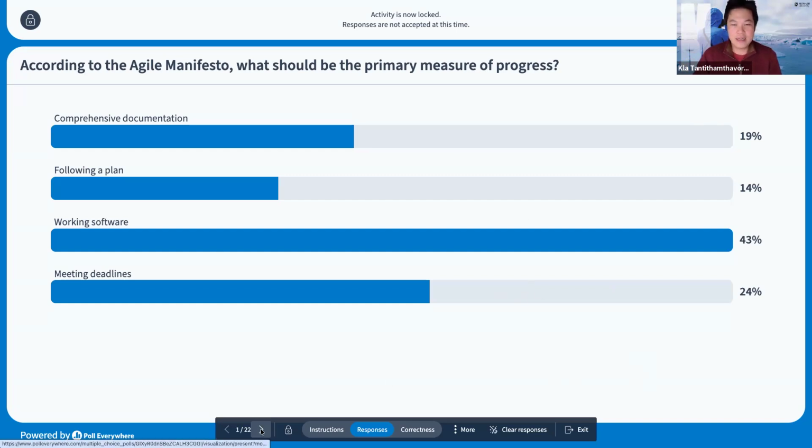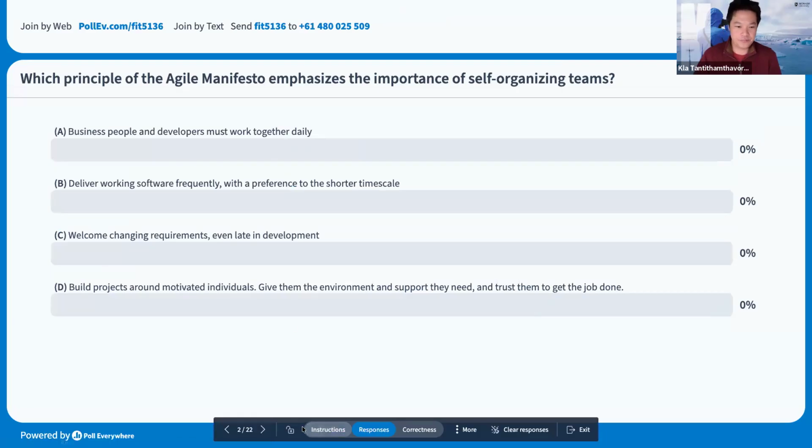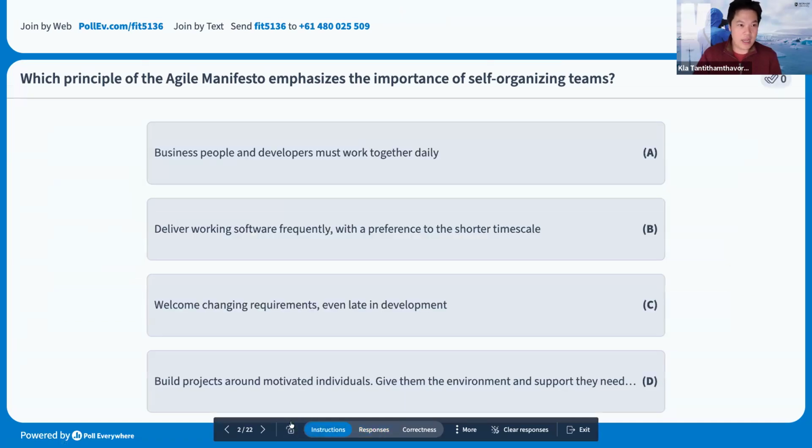All right. Next question. Which principle of the Agile Manifesto emphasizes the importance of the self-organizing team?